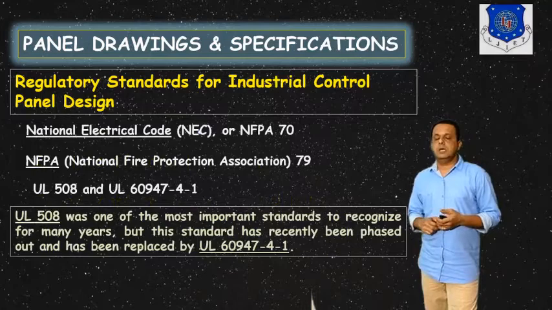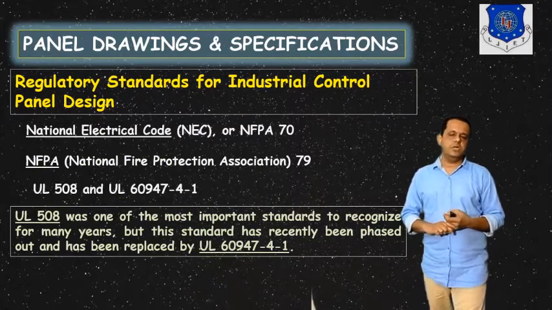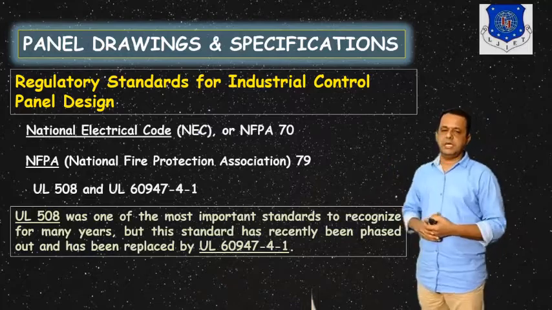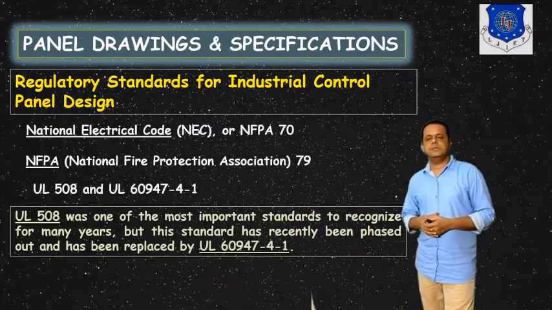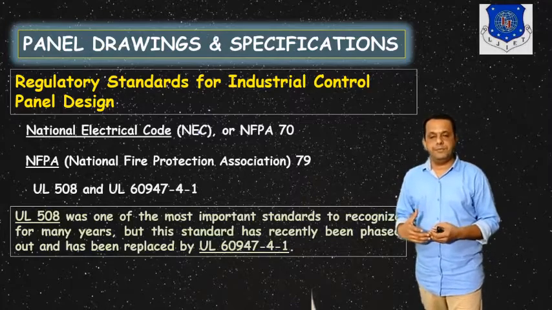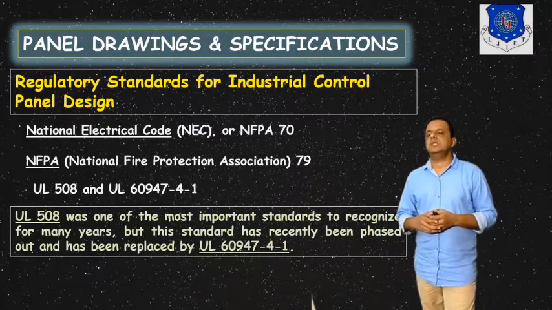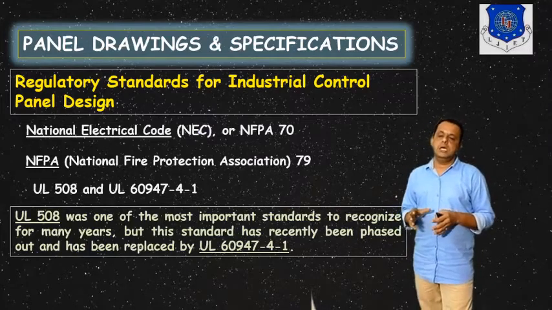Regulatory standards for panel designing include the NEC standard, the National Electrical Code, developed in America, which is also known as National Fire Protection Association 70, similarly NFPA 79 and UL 508 and UL 60947.